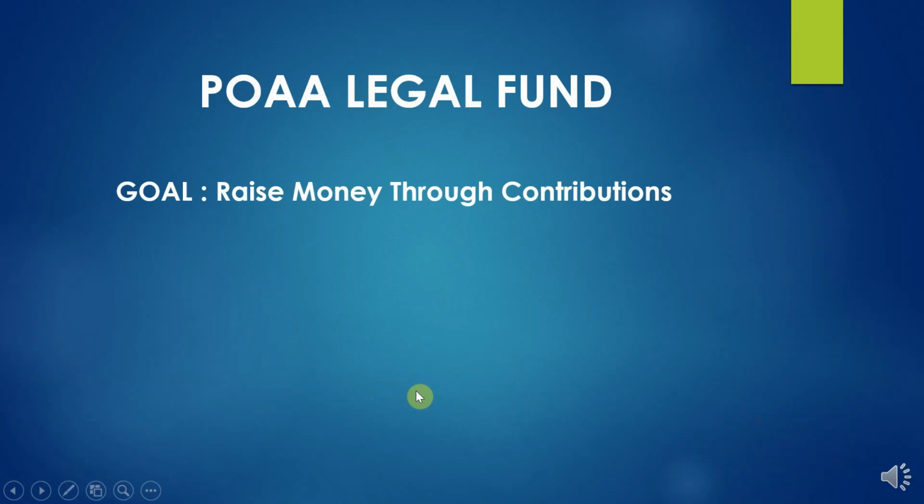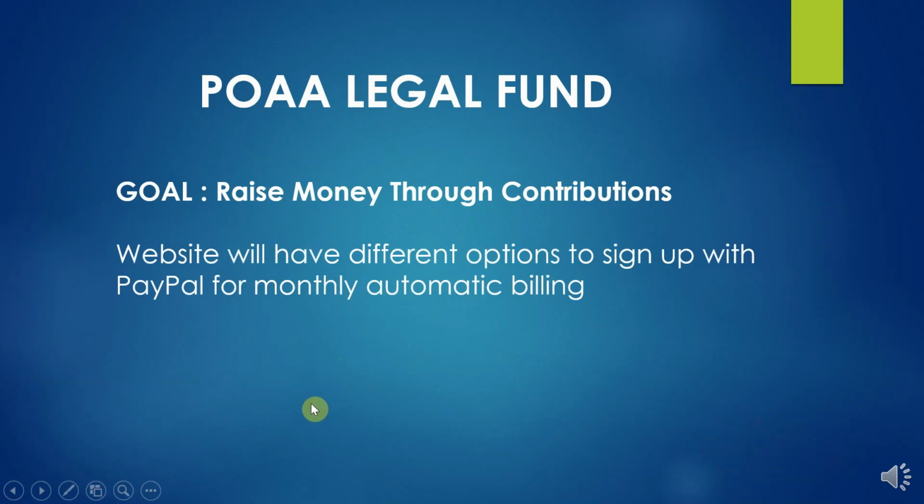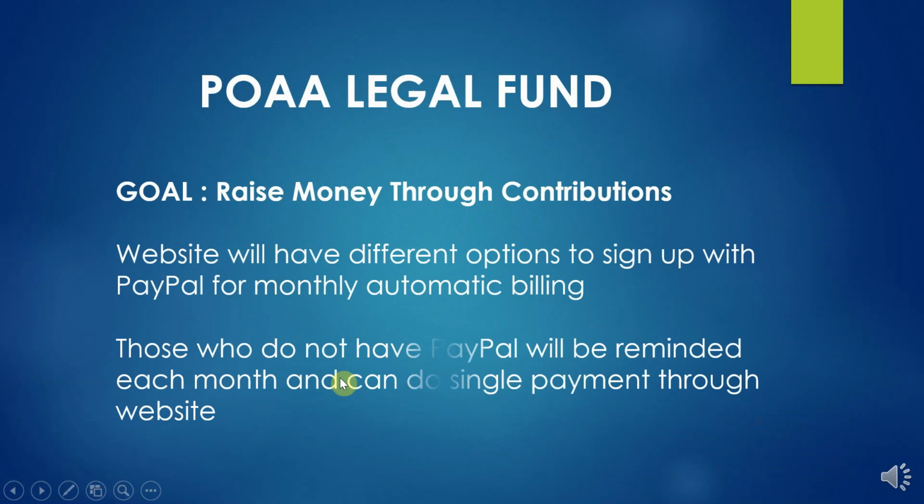Anyways, the legal fund. This should be set up. If it's not set up already, it will be shortly. This is what we did 10 years ago. We want to give people the option to participate, to contribute. The easiest way is you would need to have a PayPal account, and you would be able to sign up and do a monthly payment that is recurring.